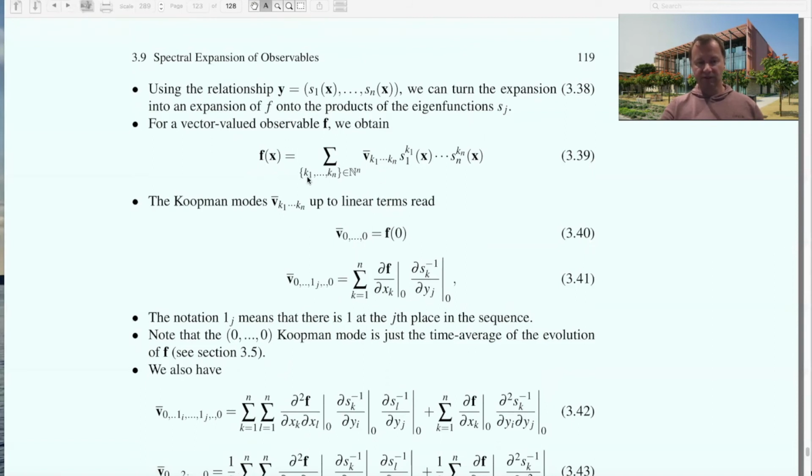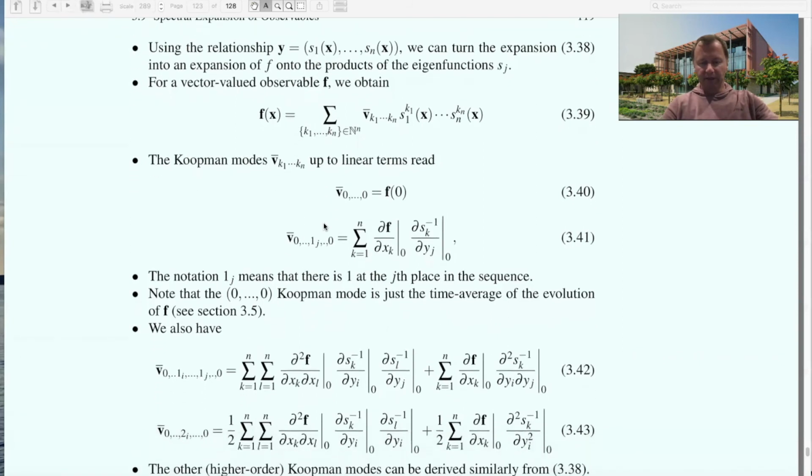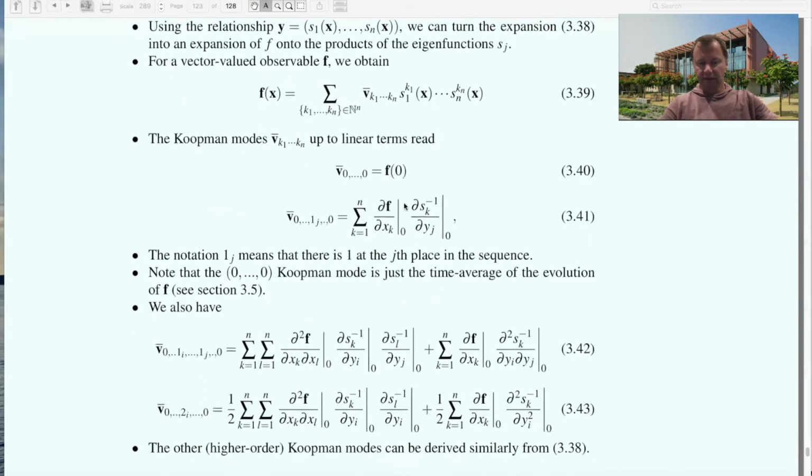Because these coefficients K1 to Kn, there are n of them, and they're elements of the integer space Nn, or integer lattice. But you'll notice that these are composed of first derivatives of the observable itself and first derivatives of the inverse transformation provided by Koopman eigenfunctions.